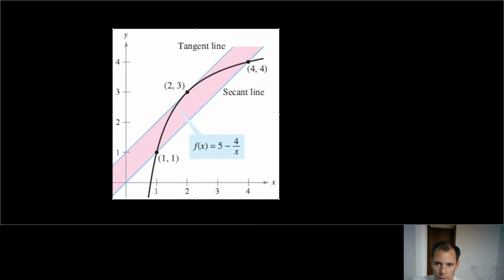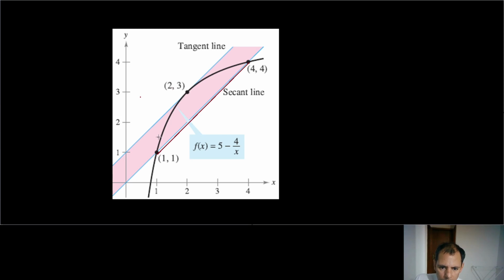I'm going to show you the picture that the book shows. So here you go again. This is the graph. It's this arc or arch in here, and from -1 all the way to 4, this is the secant. That's the secant line. Now, you can see that the tangent at this point is going to be like that.